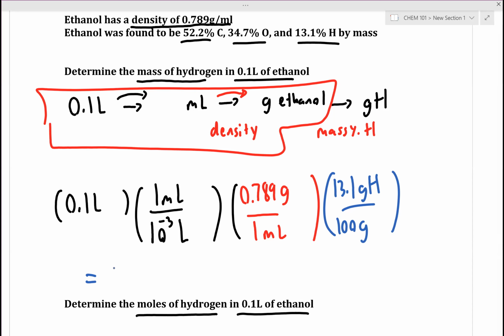And then from here, we're going to multiply by 13.1, and then divide by 100. And that in turn gives us about 10.3 grams of hydrogen in this sample, which will in turn round to 10 grams of hydrogen.